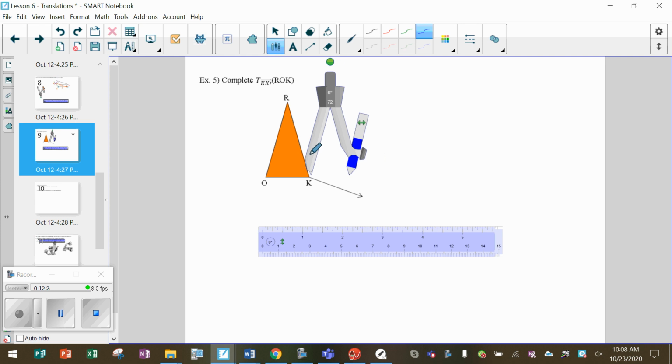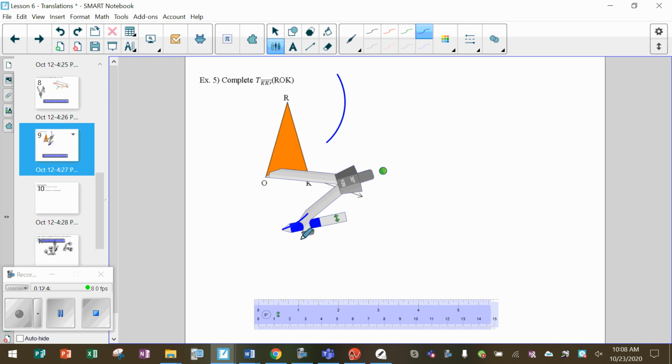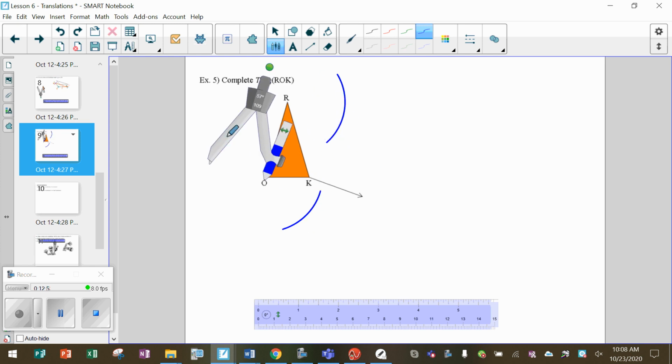This time we only have to do 2 out of the 3 points because the vector uses point K as one of the endpoints of the vector. So I already know where K prime is. So I measure the vector, go to point R, mark the direction where the vector will go. To point O, mark the direction where the vector will go. And I already know that K prime is the tip of the vector.